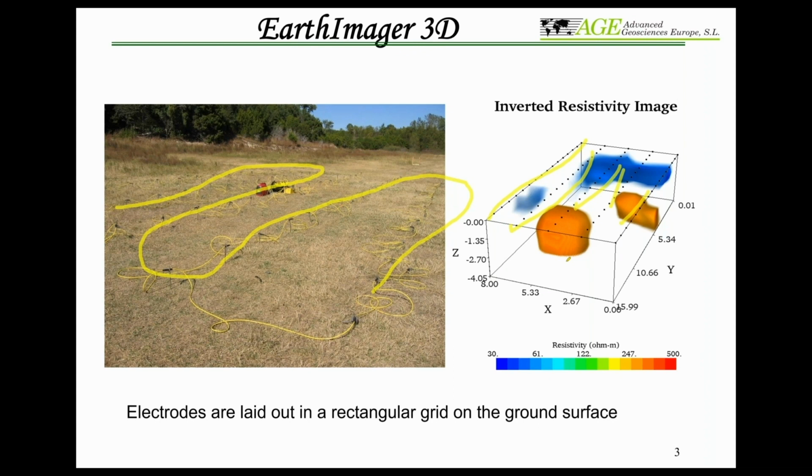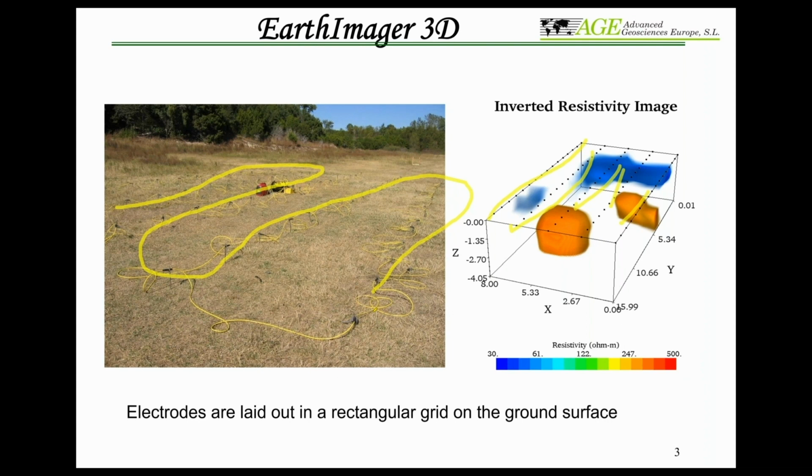So we generally say a rectangular grid is almost a real 3D layout. And when you do parallel lines, let's assume these are parallel lines, as long as this parallel line separation is a maximum of twice the electrode separation, then that's also almost real 3D.